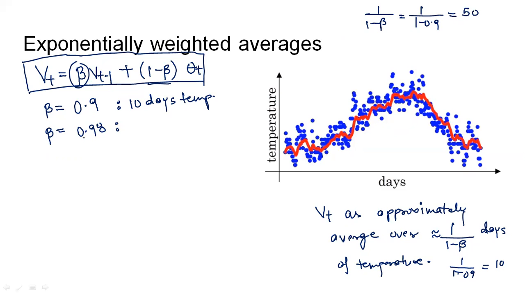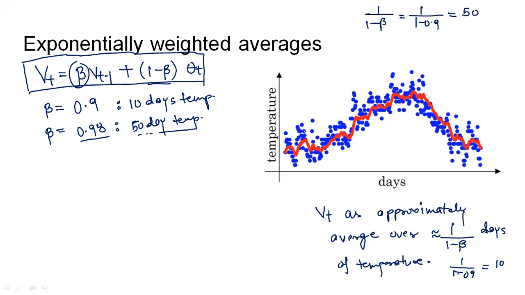So if I write the value of beta as 0.98, then it would be 50 days of temperature. In other words, you are now taking the average temperature over 50 days. So this curve would be a quite smoother curve.